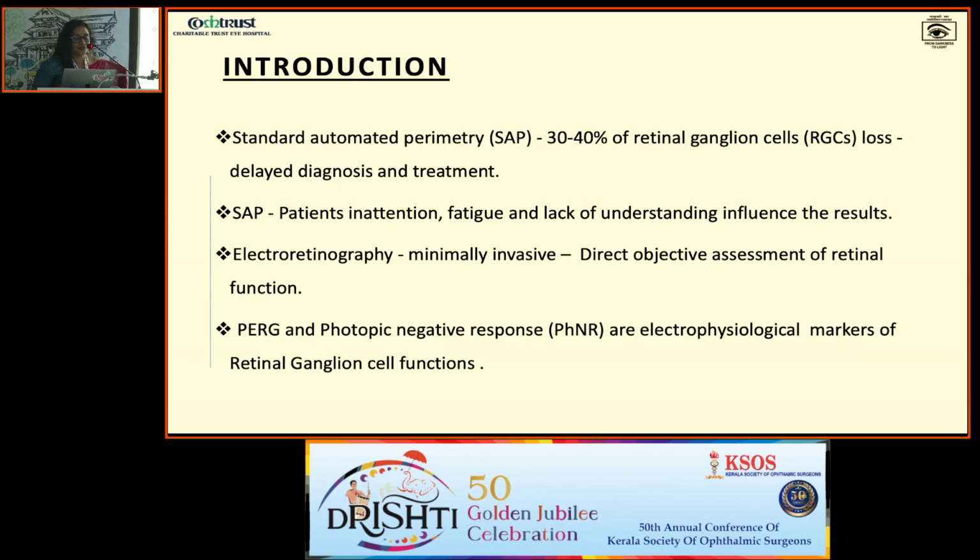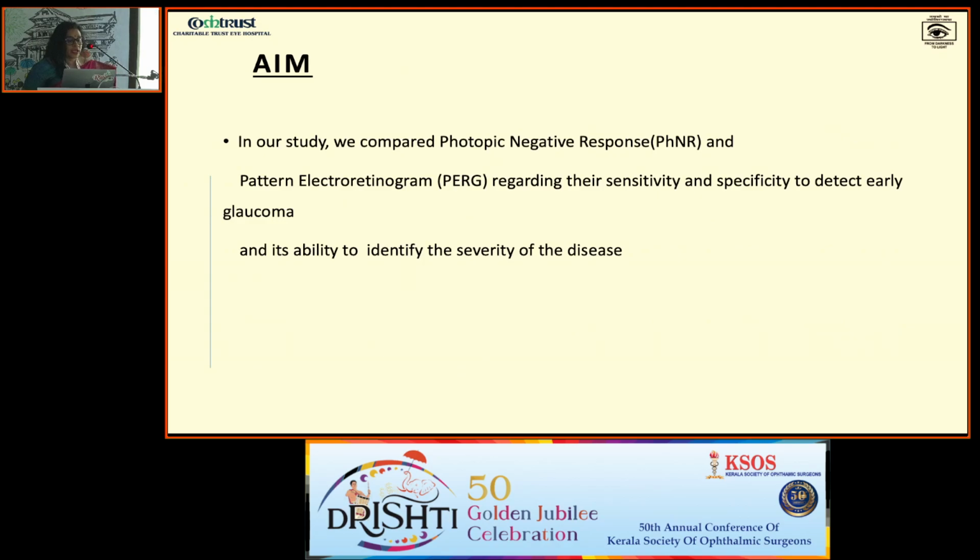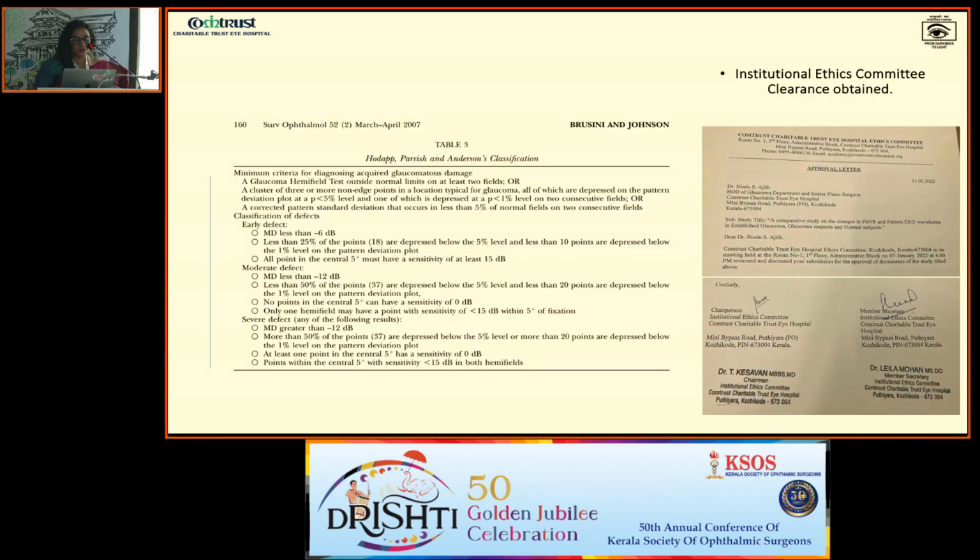So electroretinography is a minimally invasive, direct, objective assessment of retinal function, and PERG and PhNR are electrophysiological markers of retinal ganglion cell function. Our aim was to compare PhNR and PERG regarding their sensitivity and specificity to detect early glaucoma and their ability to detect the severity of the disease.